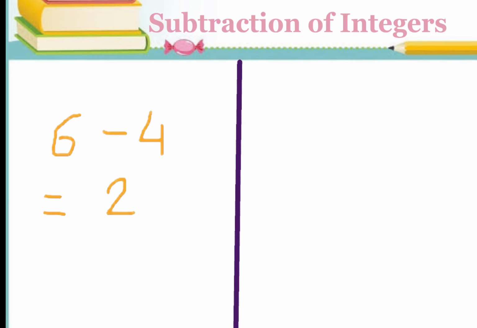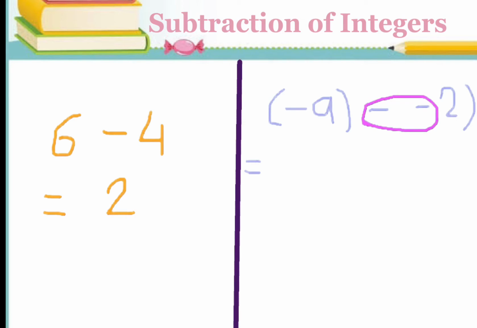For example, the next question is minus 9 minus minus 2. The first step we will do is open the bracket of this 2. As you can see, this is minus and this is minus. So minus and minus becomes plus. Now 9 is in negative form. So minus and plus becomes minus.